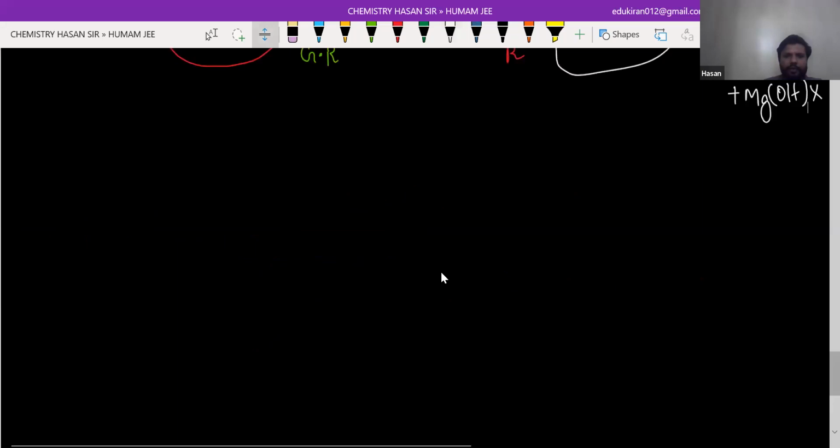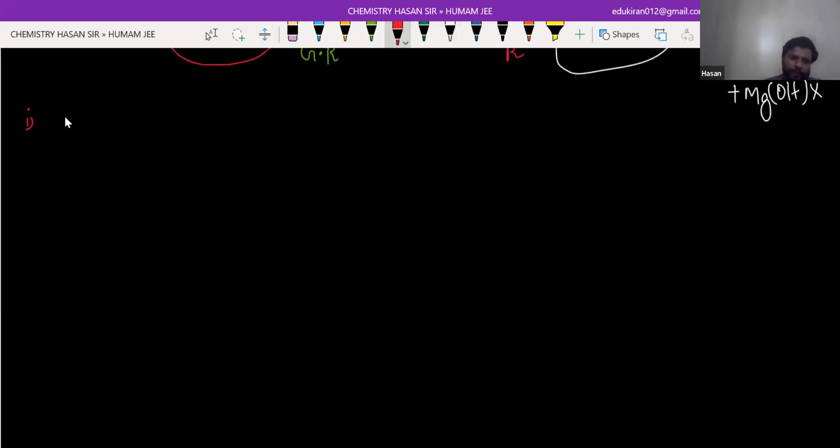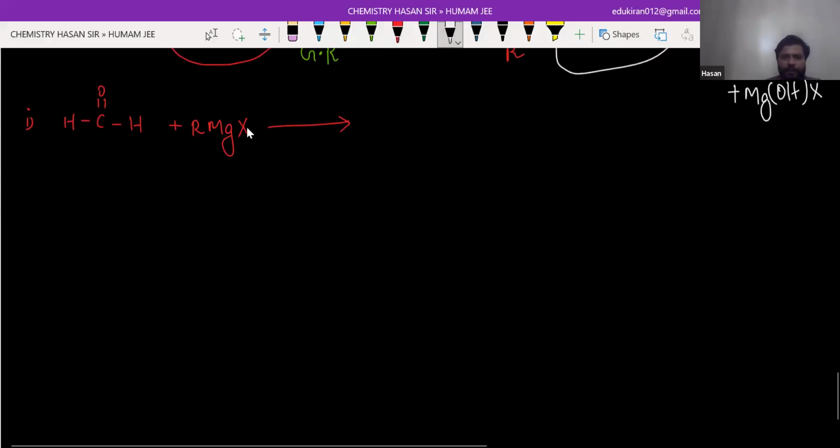So first I'm going to show you the reaction with methanol. You are going to take RMgX, so you know what will happen. Very simple. This will be HCHO, like this, or you can do this as well, not a problem.